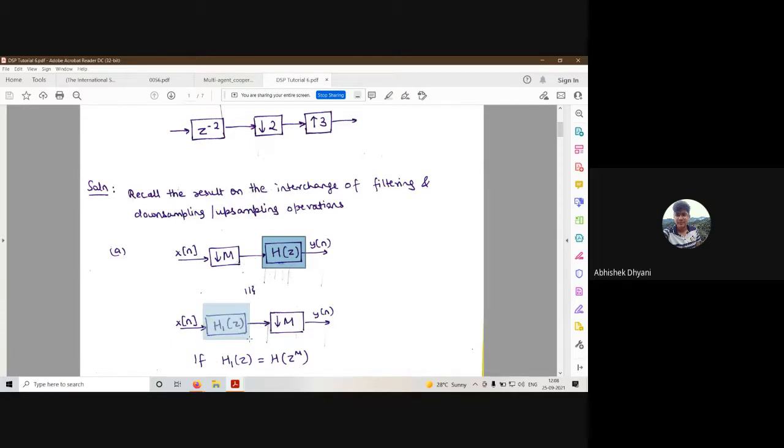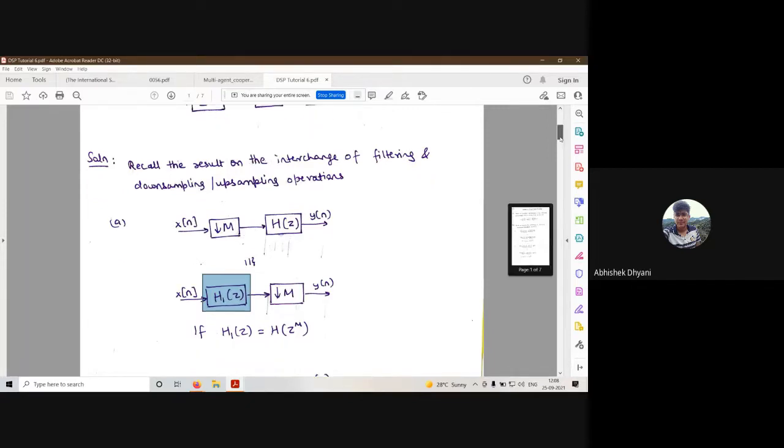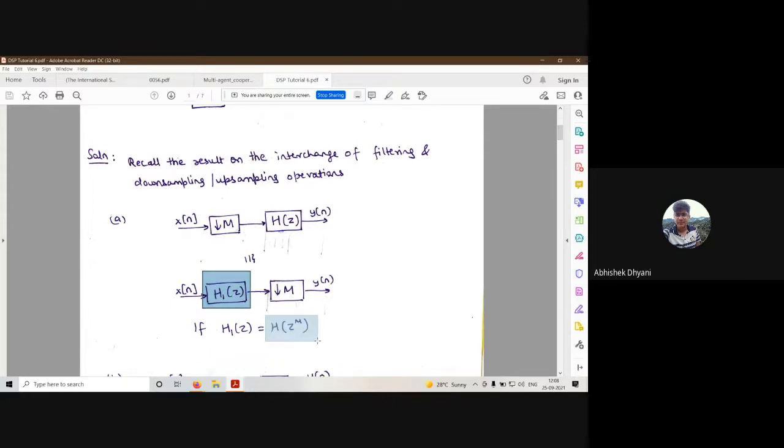This is some other filter H1(z), and the downsampling block is moved to the right. These two block diagrams will be equivalent when H1(z) is equal to H(z) raised to the power M.